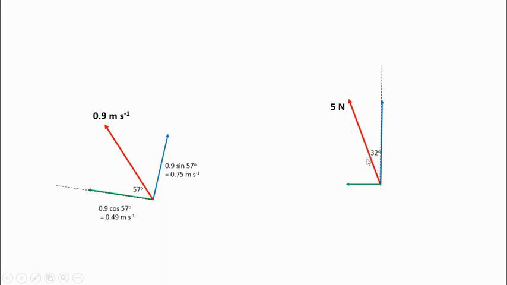One more example. 5 newtons at 32 degrees to this reference line. We want to find the perpendicular components of that. Have you come up with your answer?